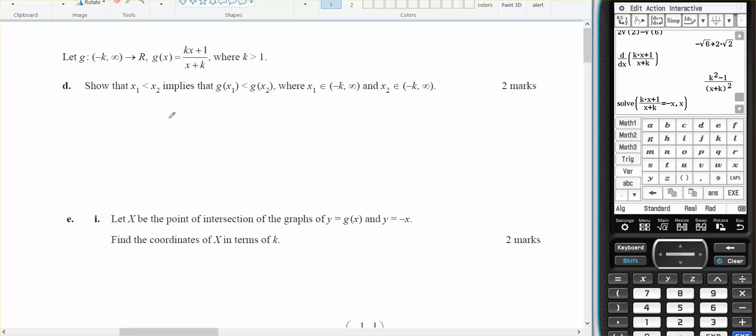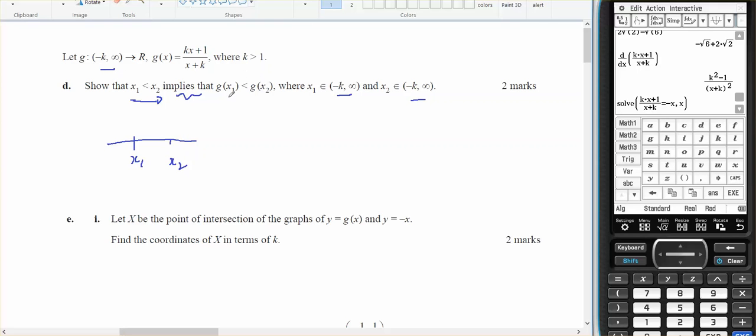In Part D it says show that if x1 is smaller than x2, that implies that the y value of x1 is less than the y value of x2, where x1 and x2 go from minus k to infinity, because my domain is minus k to infinity.